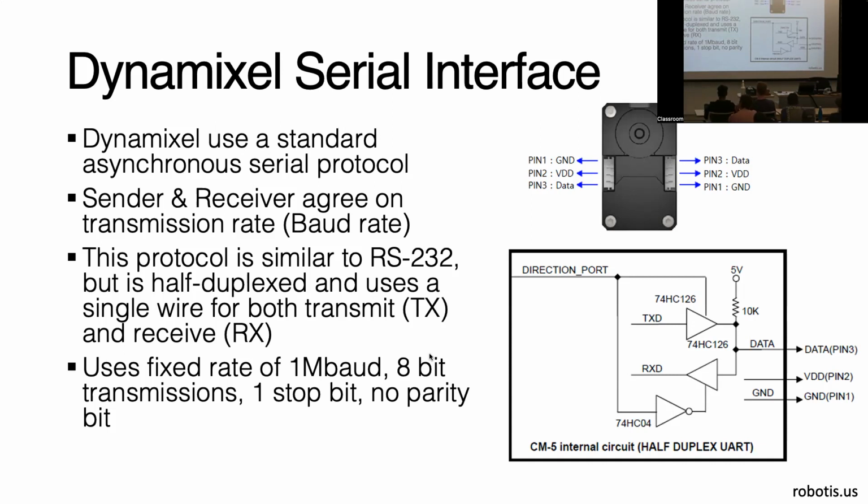You have a ground and power to send power to the motor, and then you have a single line that's sending all of the data, and it's multiplexing the data. This is something called half duplex. So the transmit, that is from the computer that you're running to the motors, and the receive, that is for the motors communicating to you, to the computer, all happen on the same line. And so it needs a special protocol for handling who is talking on the data line, okay?